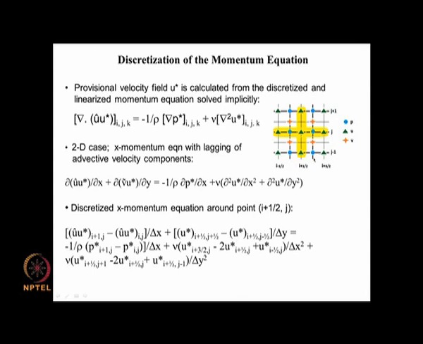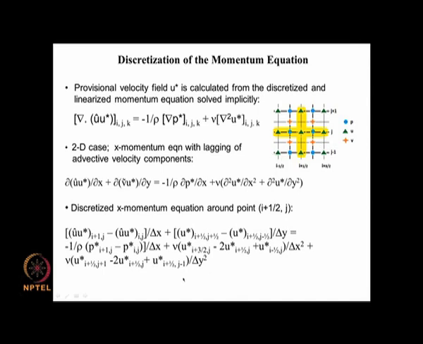But the coefficients themselves that need to be evaluated are this u, we need to have this one u star evaluated at I plus half, and then u hat evaluated at I plus half, like that. So, if we are able to come up with prescriptions here, then we will be able to complete this discretization here.